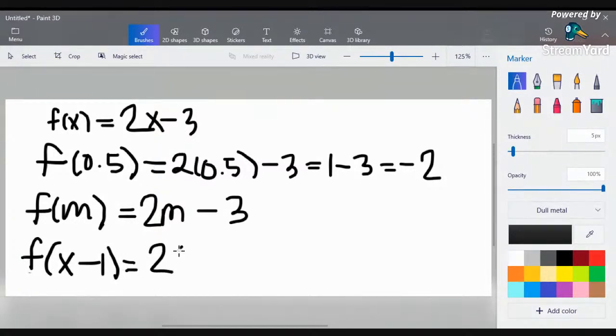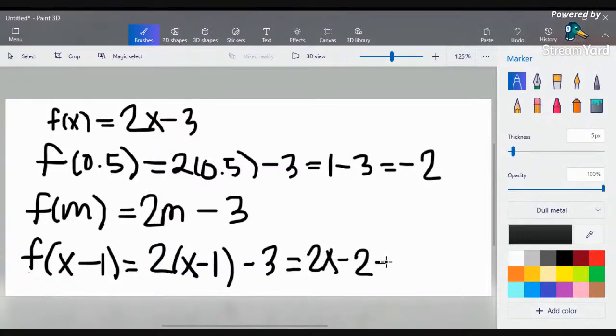So we have 2 times x minus 1, minus 3. 2 times x minus 1 is 2x minus 2. Then copy your negative 3 at the end. So our final answer will be 2x minus 5.